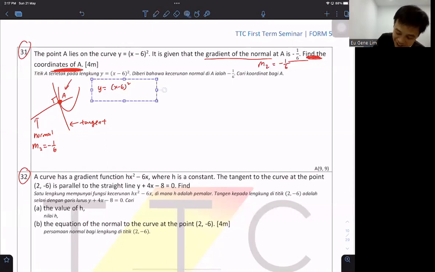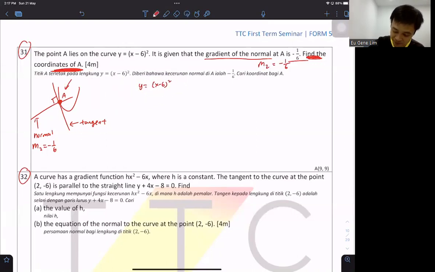Okay, first differentiate first. You see, I always differentiate first because I know this is a differentiation question. This one you can differentiate using the chain rule. Power times in front, power minus 1. 2 minus 1 is 1. Then you add another bracket at the back, differentiate the inside.